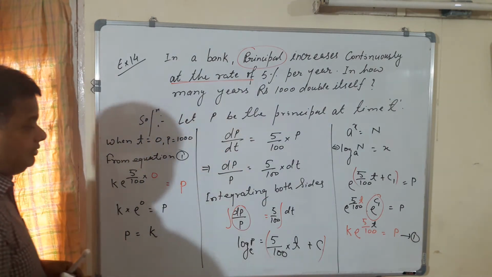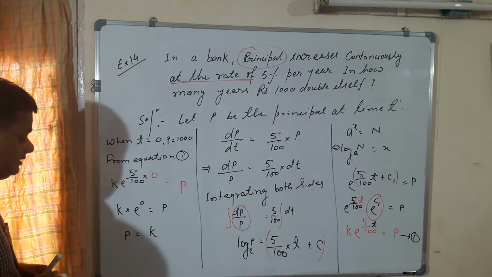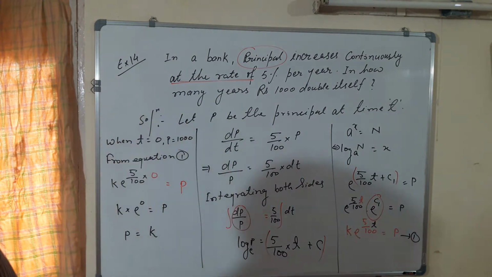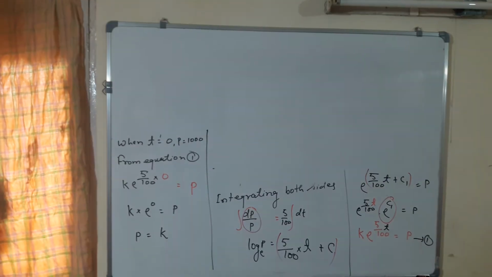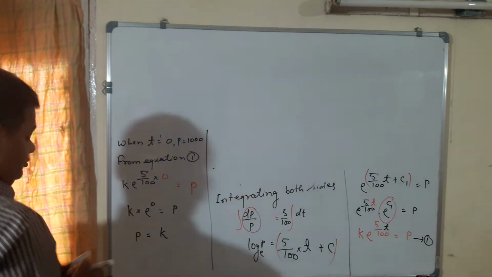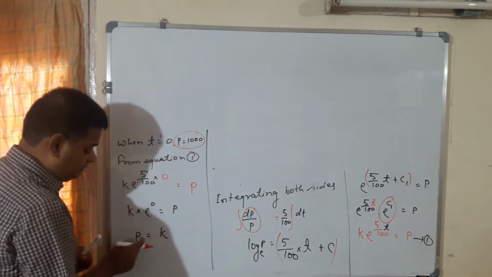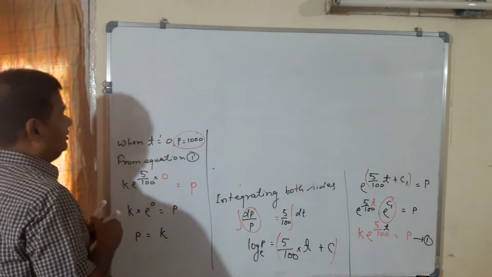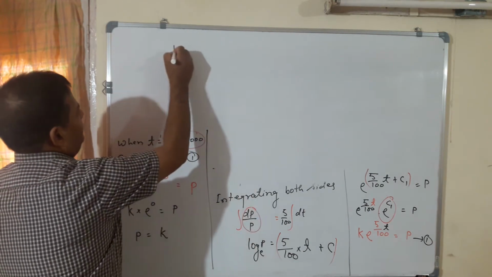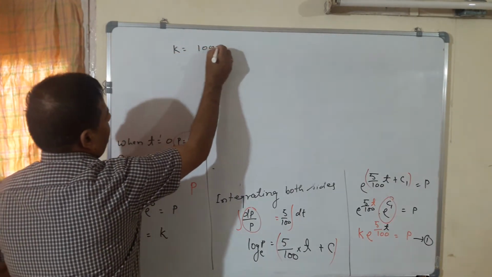Now we are going to put the value of P. So P is 1000, so k equal to 1000.